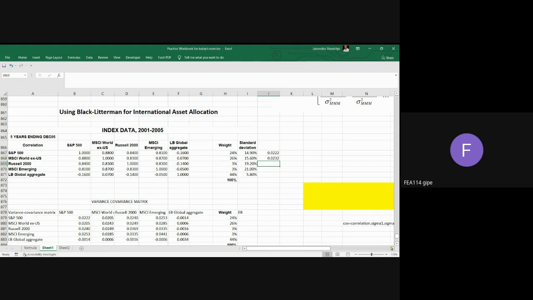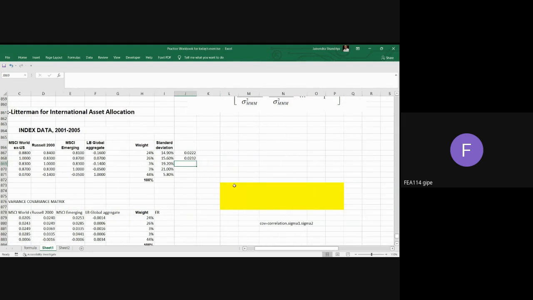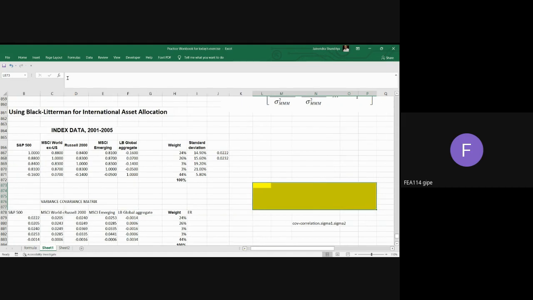So let me show you how it is done. I select 5 into 5, because these are 5 and what I want is a variance covariance matrix. So I have selected exactly 5 into 5. And here I don't do matrix multiplication, I do simple element-wise multiplication.